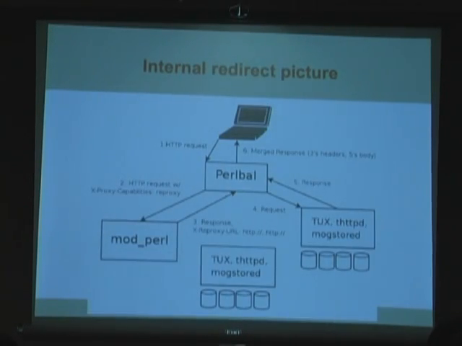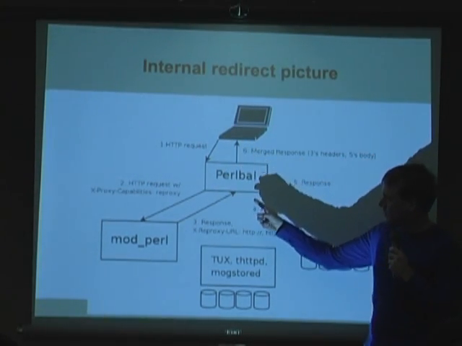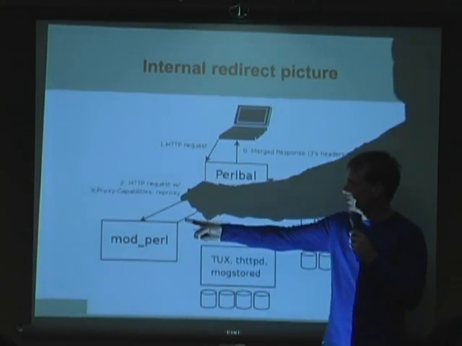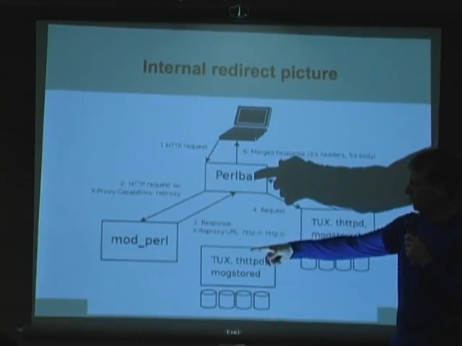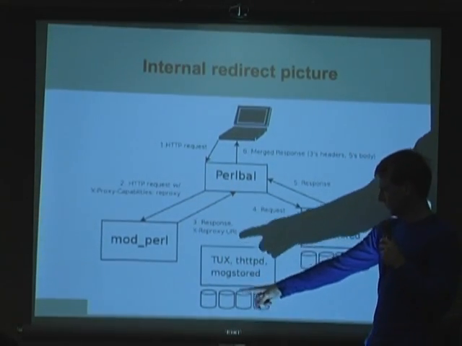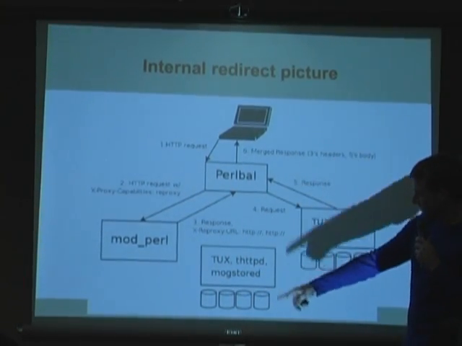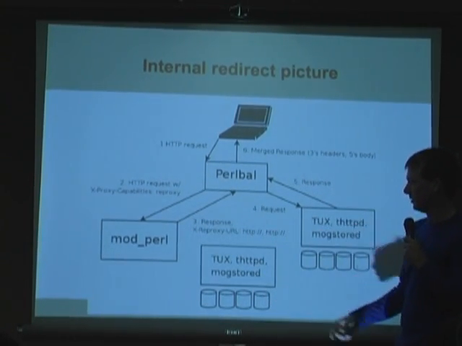So it kind of looks like this. Here's the user, with their slow connection. They come down with an HTTP request. Perlbal then talks to your mod Perl and injects some header into it saying, hey, I'm Perlbal, I have the capability of reproxying. I mean, this is kind of details. And then mod Perl replies and says, okay, it's here or it's here.